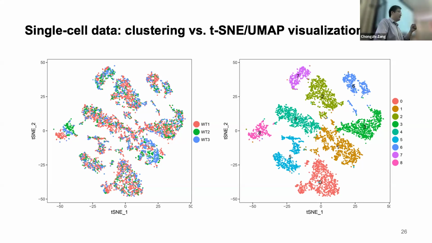Here? Yeah. So is this the clustering or not? The location of each cell comes from a UMAP representation, but the color comes from a separate process of clustering.